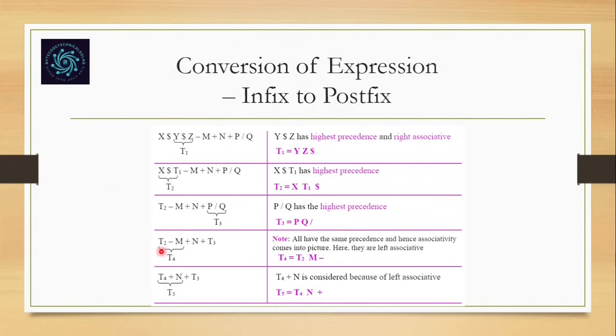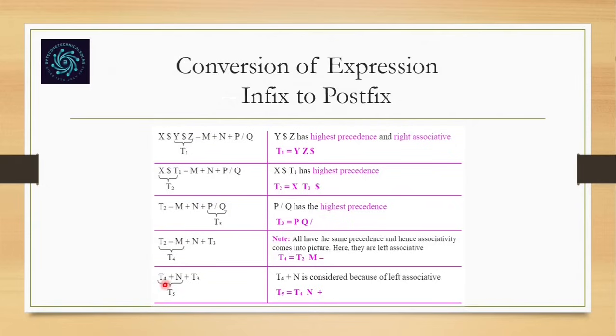Next the expression remains as t2 - m + n + t3. Here minus, plus and plus operators have the same precedence, and associativity tells that they should be evaluated from left to right. Hence we evaluate t2 - m first. We substitute it as t4. The t4 value will be t2 m -, after converting into postfix form.